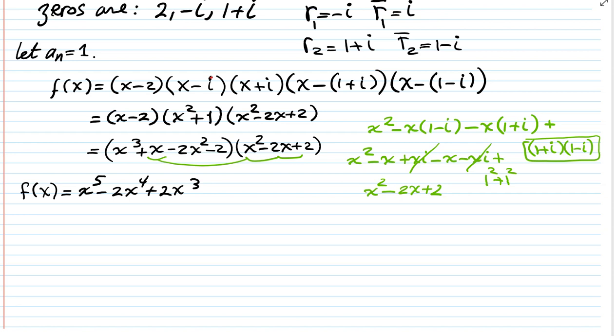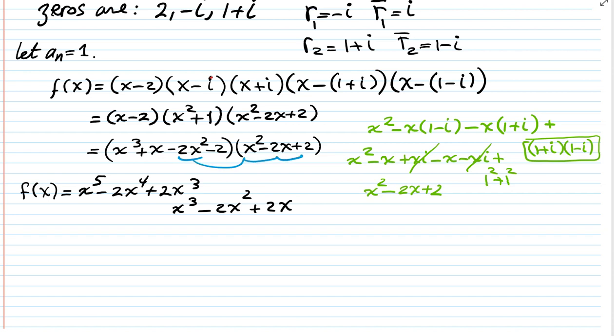Okay, so let's do it that way. X times x squared, first distribution. See right in here, I'm using the column format. That's x cubed. Then x times negative 2x is negative 2x squared. X times 2 is plus 2x. Done with that distribution. Next, let's distribute negative 2 times these 3.